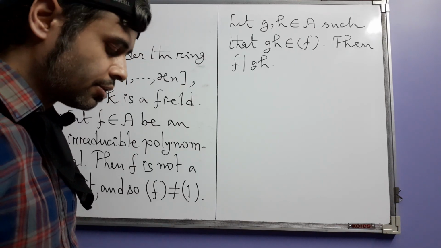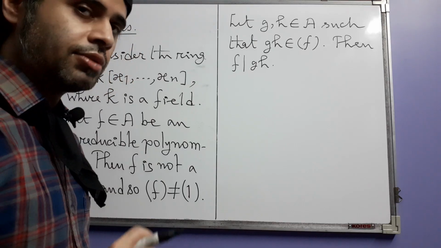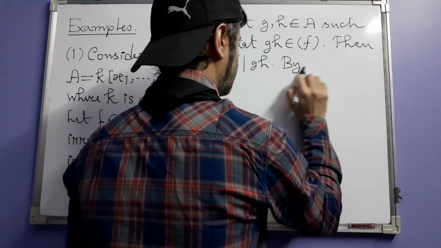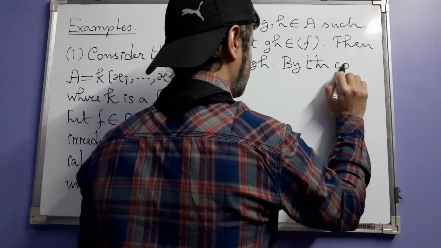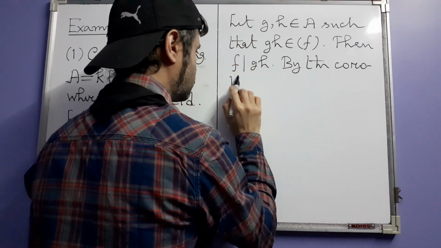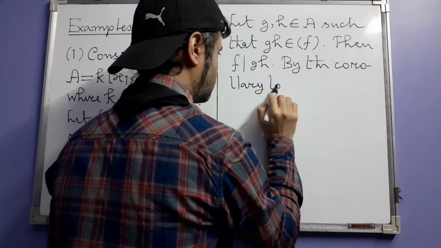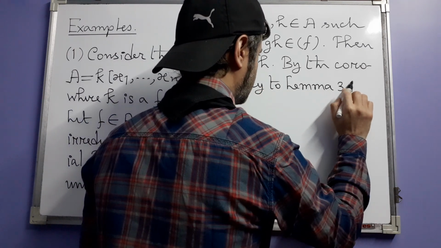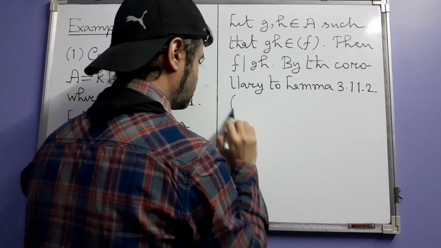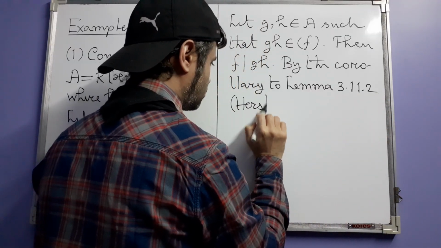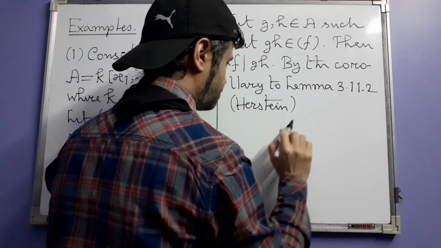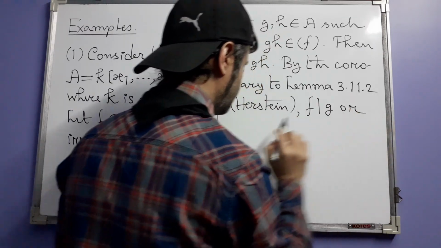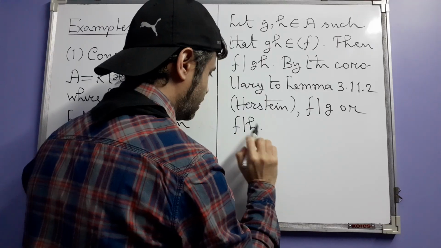There is only one corollary to lemma 3.11.2 from Herstein's Topics in Algebra. Either F divides G or F divides H.